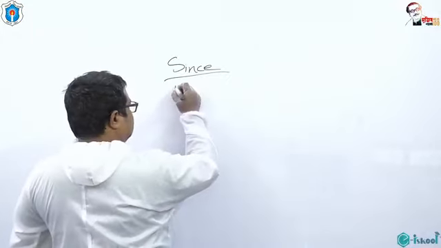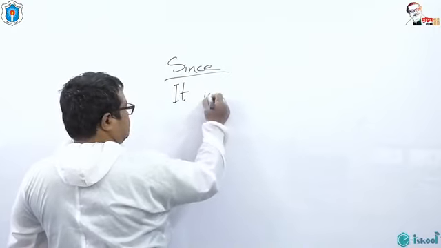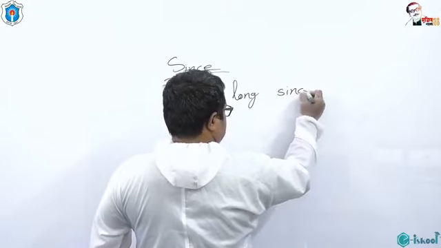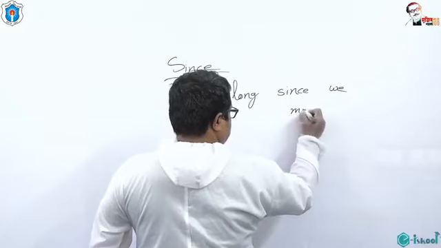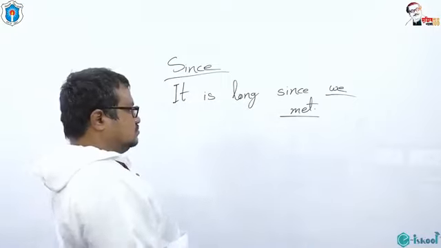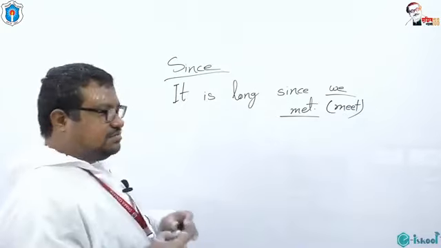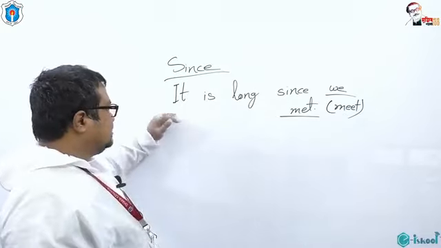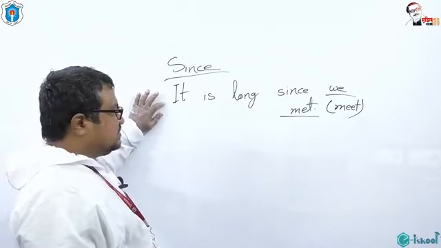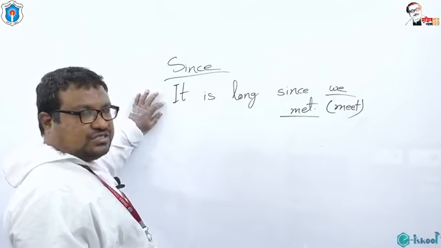So if the verb in the bracket is meet, then we would say it is long since we met. That is, after since we will use simple past tense, but before since we will use simple present tense.